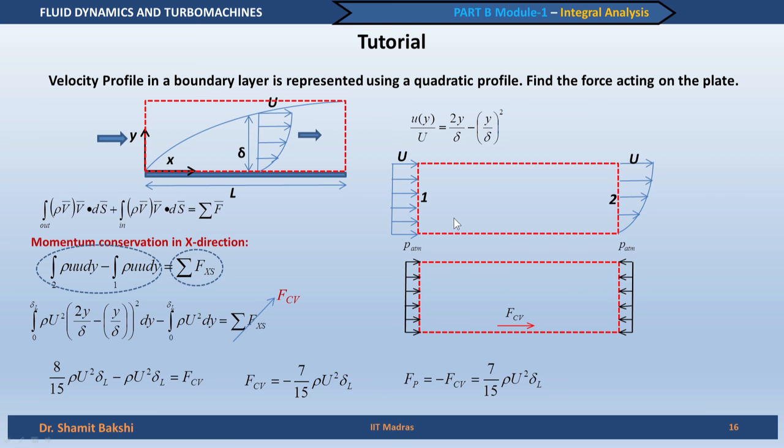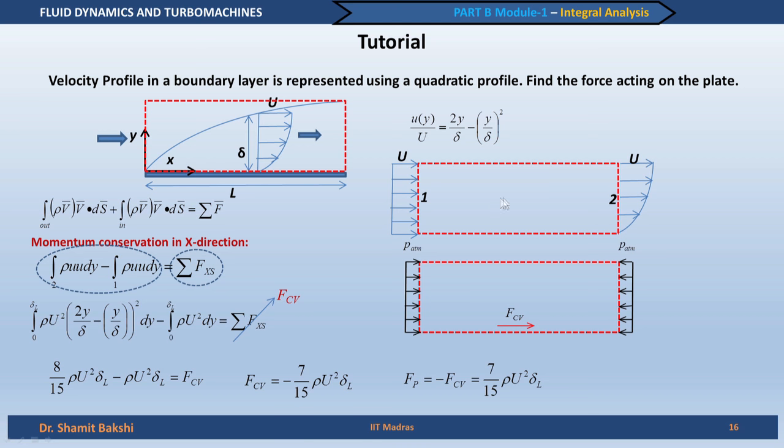In this particular situation, the momentum of the fluid exiting the control volume in the x direction is actually less than the momentum of the fluid coming into the control volume, because the fluid decelerates due to the viscous forces as it comes into the area on the top of the plate.